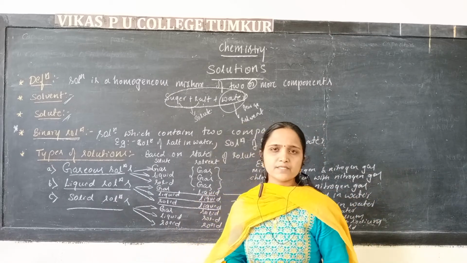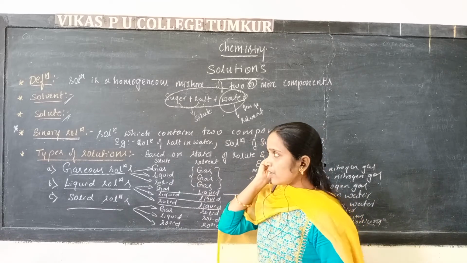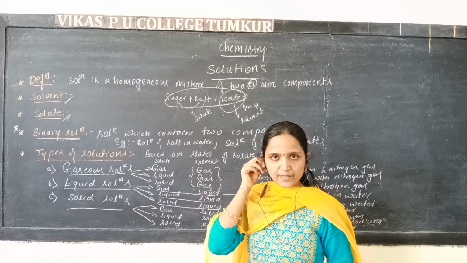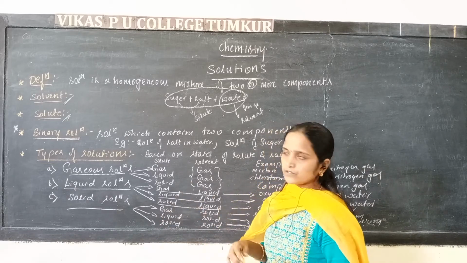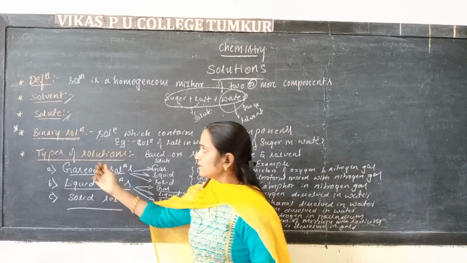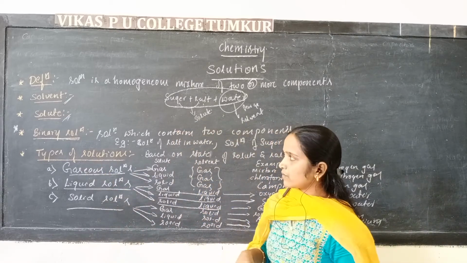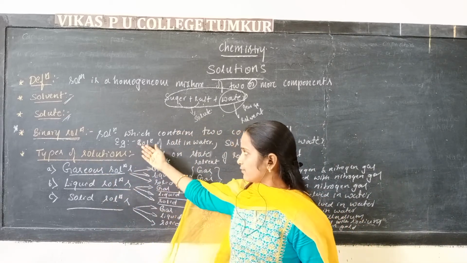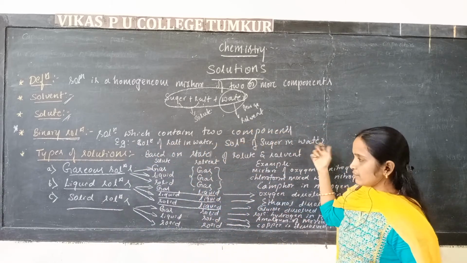Solute means the components other than the solvent in a solution. Binary solution means the solution which contains two components. Examples are solution of salt in water, solution of sugar in water.